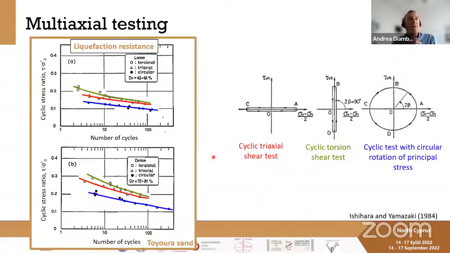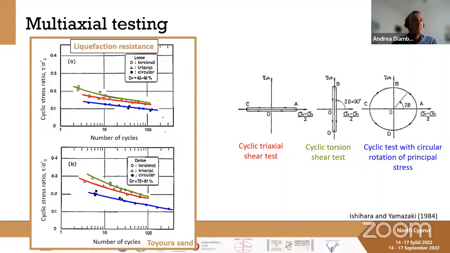But let's see what the main studies on multiaxial testing are. I don't want to give an exhaustive overview, but just to give an idea of how important it is to consider the multiaxial stress space. And probably the first work was that done by Ishihara and Yamazaki, where they looked at the influence of loading the soil cyclically and undrained, doing triaxial shear, so horizontal on the plane, or torsionally.